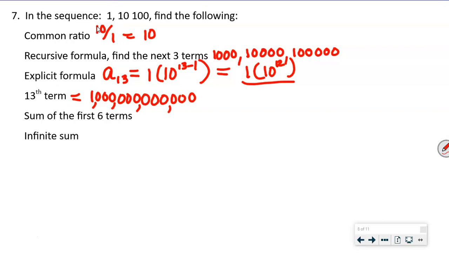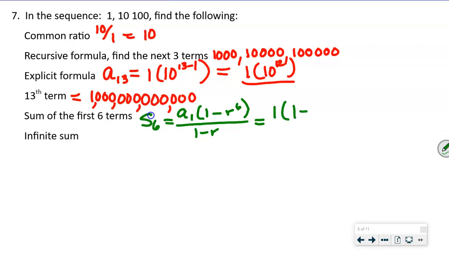So the sum of the first 6 terms, this is a different formula now. We're going to do the sum of 6 terms. So that's going to again be our first term times 1 minus our ratio to the 6th power divided by 1 minus r. So let's go ahead and populate this formula again. Our first term was a1 times 1 minus our ratio, which was 10 to the 6th, divided by 1 minus 10.